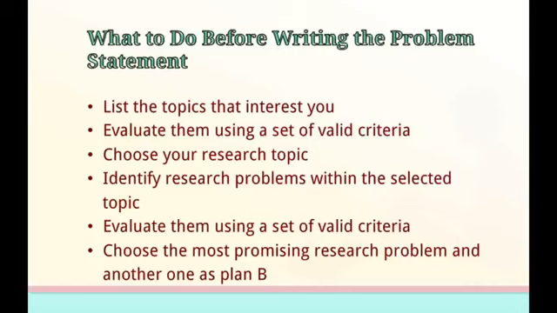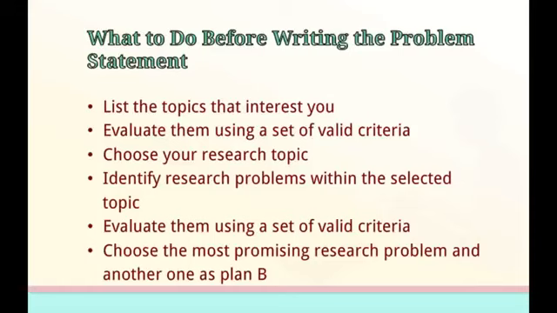Criterion by criterion, you are going to assign a point to the ones that your research problem satisfies, and 0 to the ones that it doesn't satisfy. At the end, you will have one research problem that seems to be promising because it satisfies many of the criteria specified.